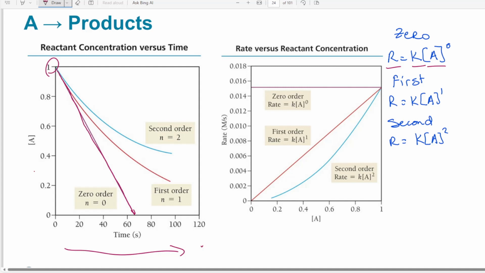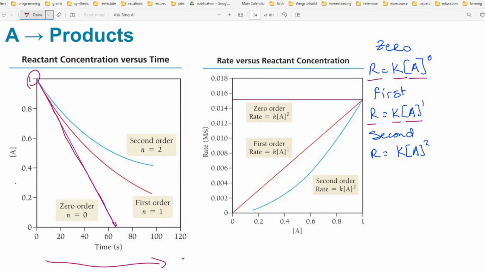For the first order reaction, we see that the rate is equal to some k times the concentration of A to the first power. So if we doubled A, we would double the rate.